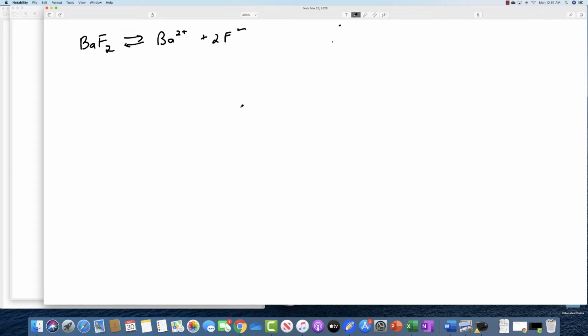So that's the answer to the first part. The solubility constant, Ksp, is going to equal the concentration of barium times the concentration of fluorine squared.